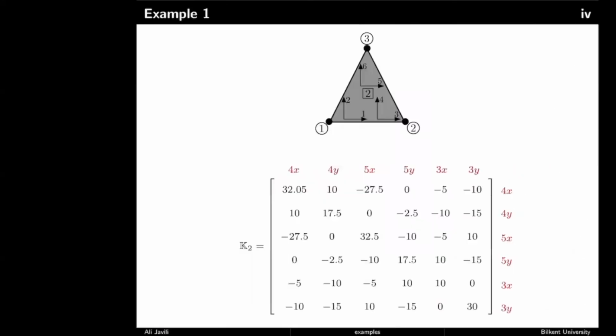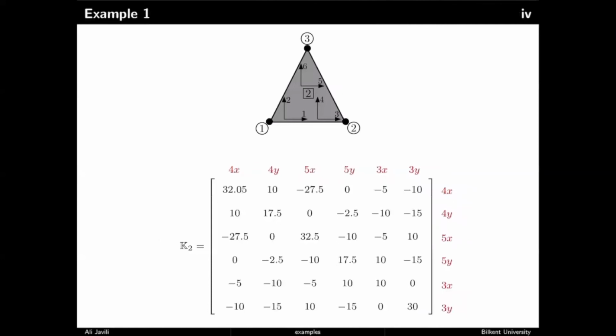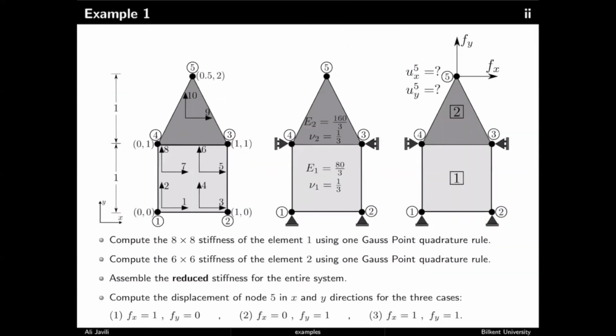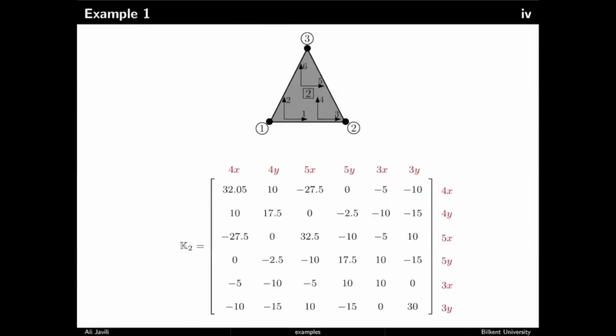So if you just look at these, you can write this in terms of those numbers. 4x and 4y, these are 7 and 8. And then you have 9 and 10 and 5 and 6. So let's say this is 7, 8, 9, 10, 5, 6.